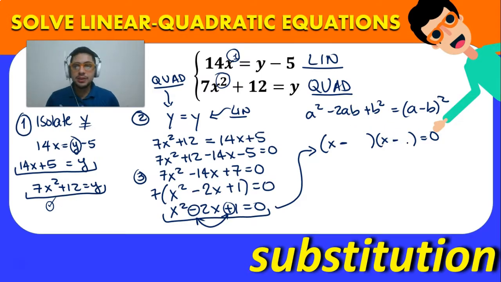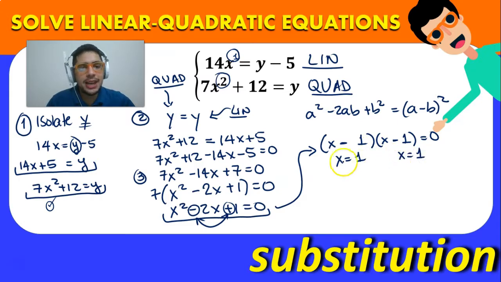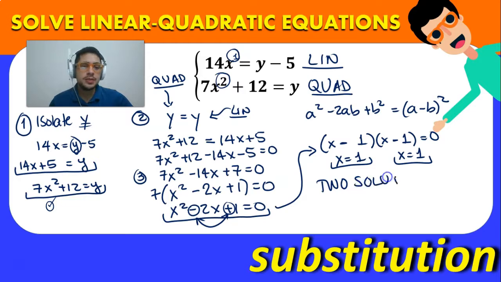Now we have to find two numbers that when we multiply them, they give us plus 1, but when we add them, they give us minus 2. So the number here would be minus 1, because minus 1 times minus 1 is plus 1, and minus 1 minus 1 is equal to minus 2. So that means that the solution here is x equals 1 and x equals 1. Now, guys, what does that mean? That means that x equals 1 is going to be a solution 2 times, right?